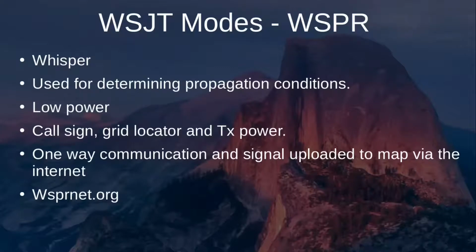And once that station receives your information, that station is connected to the internet, which will post your signal report, location, and information on a map on the internet. And you can find a whole bunch of Whisper stations on whispernet.org.